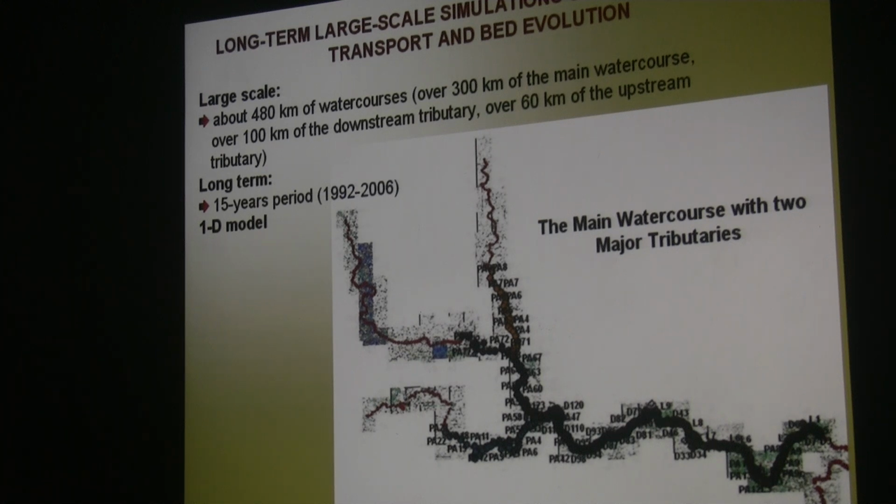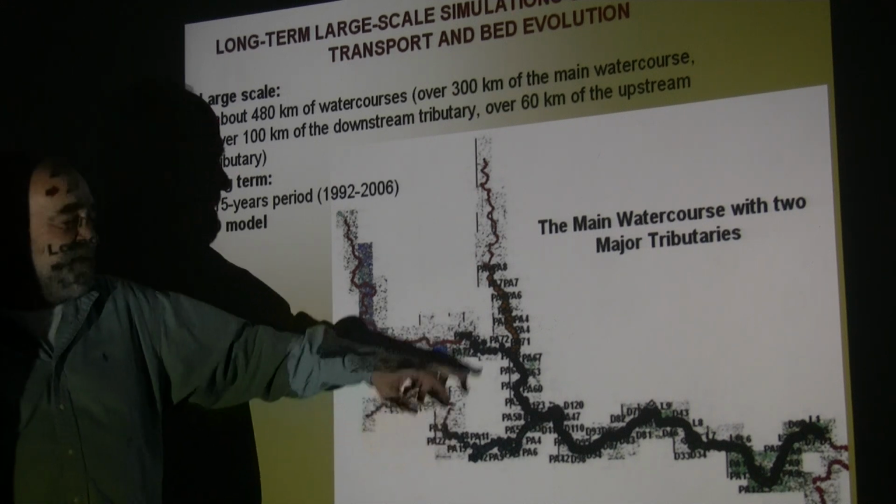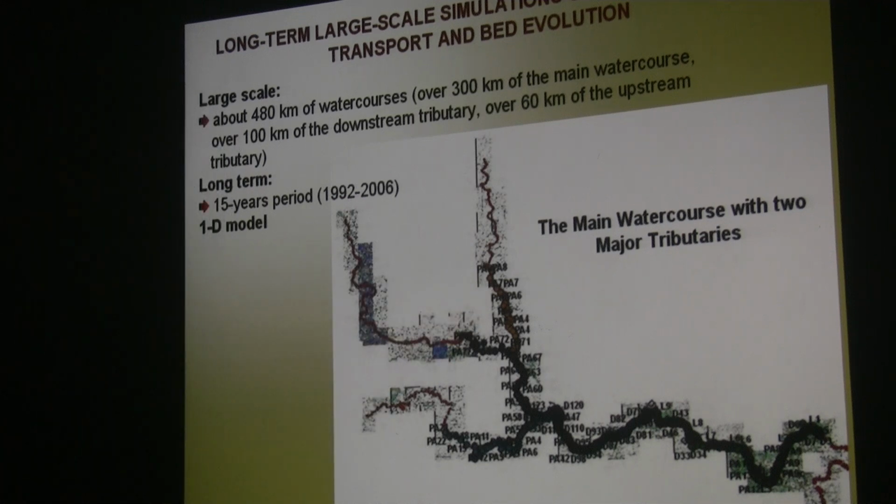One part of this, which belongs to hydropower, we have an obligation not to publish all the results. So I'm calling it one river, one tributary, etc. But essentially, this is Danube, this is Sava, this is Tisa River.